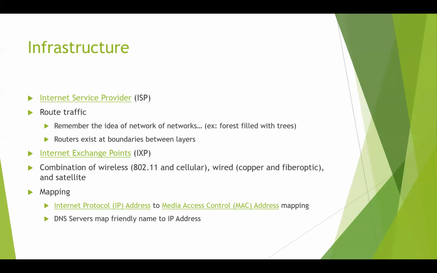You're going through multiple layers of these networks, going up and down between networks, and essentially these routers exist at the borders between these layers. This is a very generic description, but you want to think of routers as fundamentally the interface between these two layers. One of their main roles is to aggregate traffic from one layer to another.